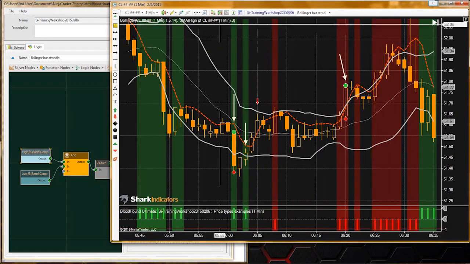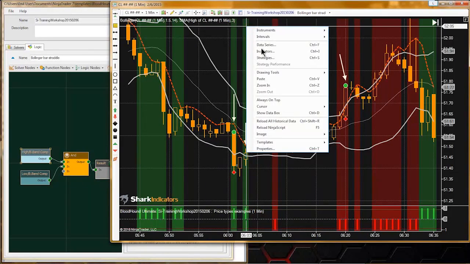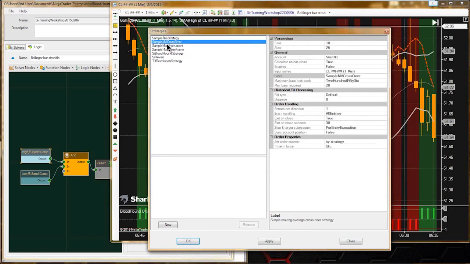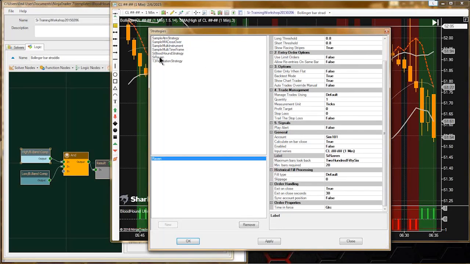If I go into strategies, all strategies, and take a look at these sample strategies that come from NinjaTrader, you can see it also has this calculate on bar close setting here as well. So all strategies can have this calculate on bar close setting.